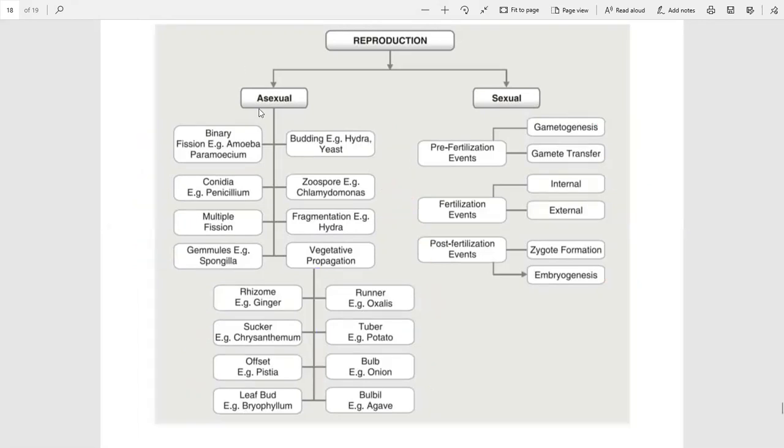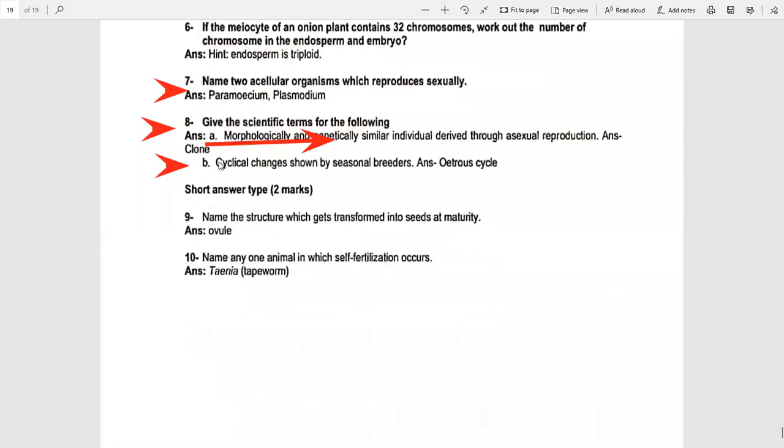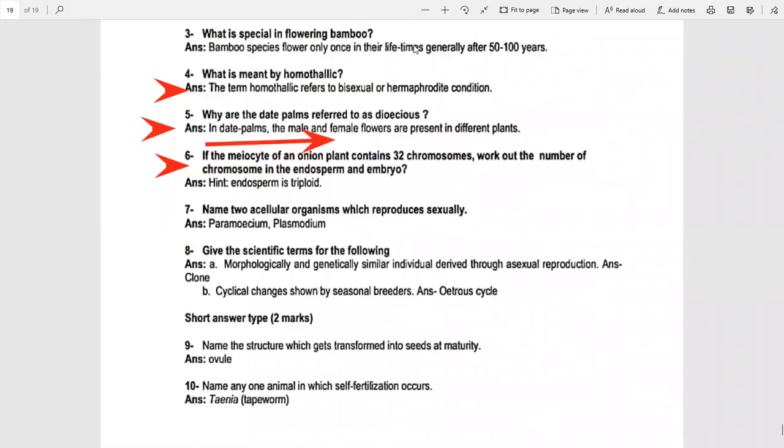And here are some questions, like what is a meiocyte, and in a kind of bees, which type of reproduction happens, that is parthenogenesis, and what is special in flowering bamboo, and some other examples. So this was our chapter number 1, reproduction in organisms.